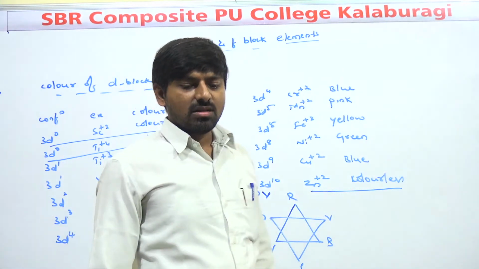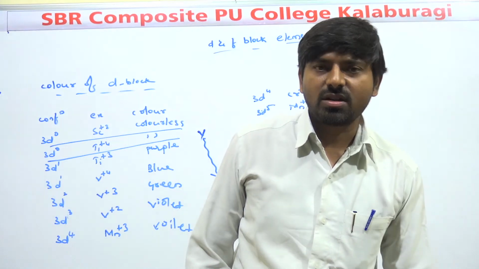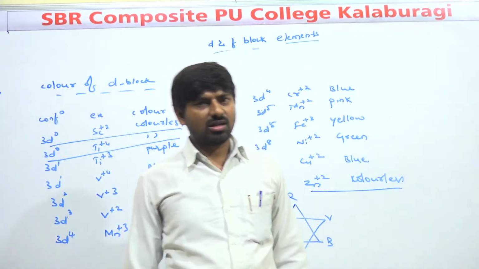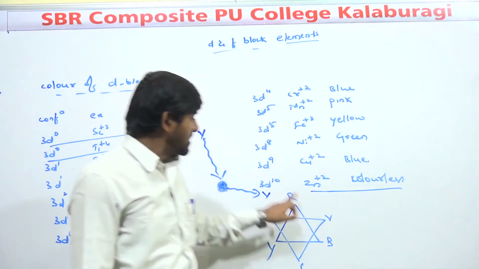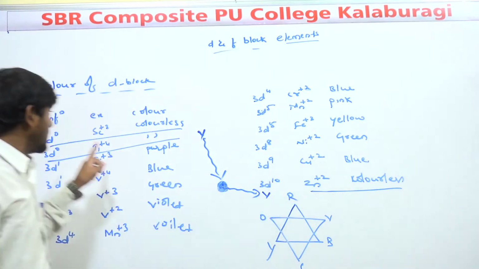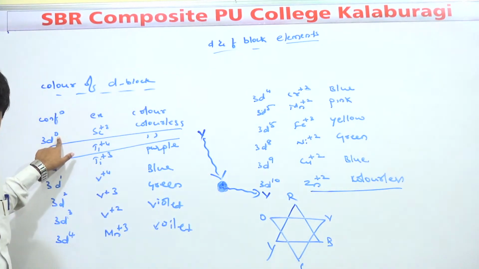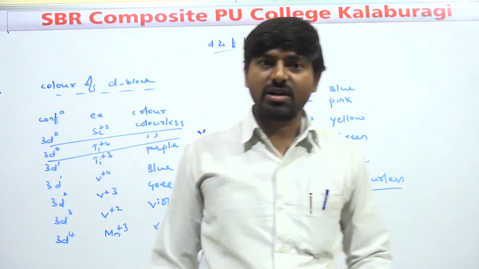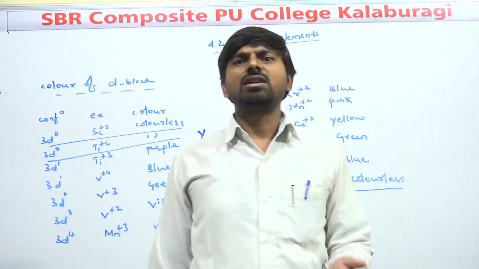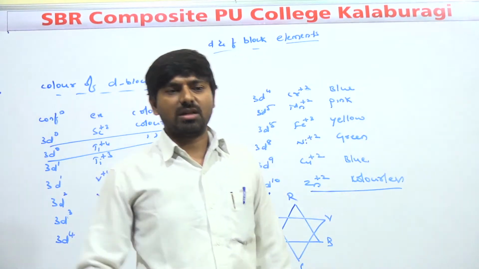It means the basic reason for the chemical to show color will be unpaired electrons. Yes or no? In this situation it is totally paired, and in this situation there are no electrons. So the only possibility left to say whether the given chemical will show some color or not is the presence of unpaired electrons in a d orbital.